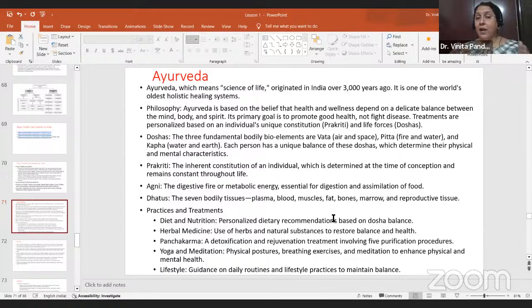So that way, the Ayurvedic system is catering to and trying to diagnose and give the solution to a person depending upon the prakriti and dosha of that person. So it is custom made treatment. Though I'm saying this in a lighter way, it is addressing every person. Then prakriti is the inherent constitution of an individual, which is determined at the time of conception and remains constant throughout life.